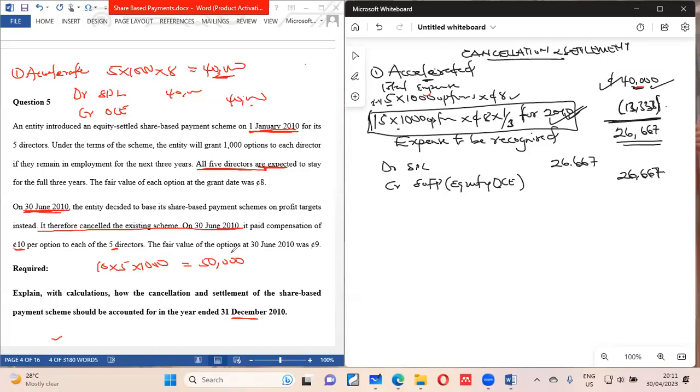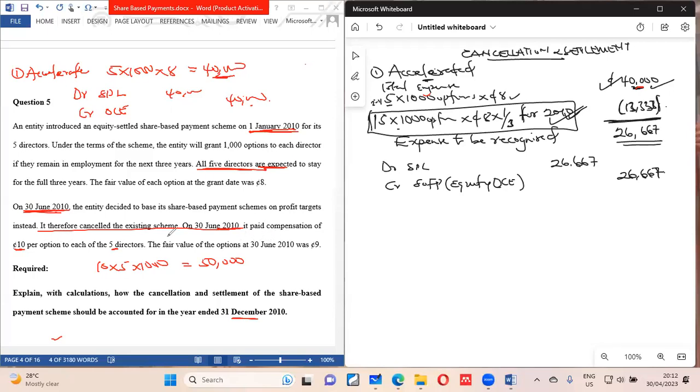And the third thing I said was that any excess of the fair value will be treated in what? The P&L. That is what I said. So you've seen the payment that has been done. Look at this.